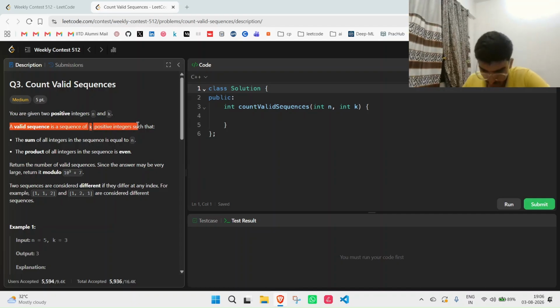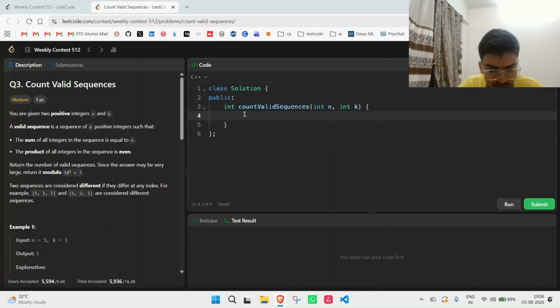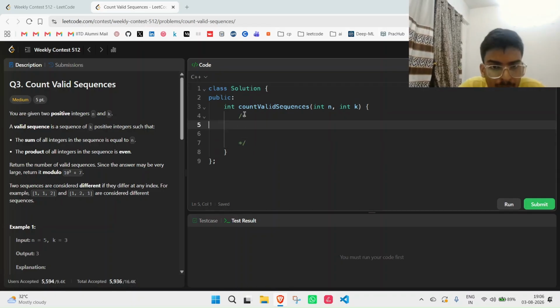You write this in the editor: a valid sequence is of k positive integers. We have to start from 1, which is greater than or equal to 1.